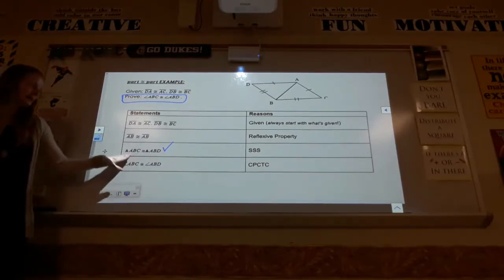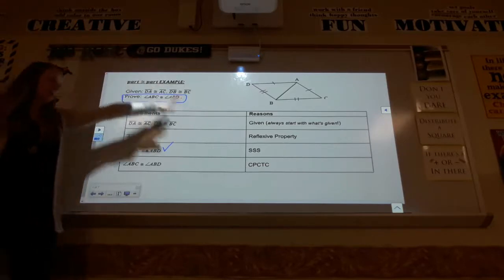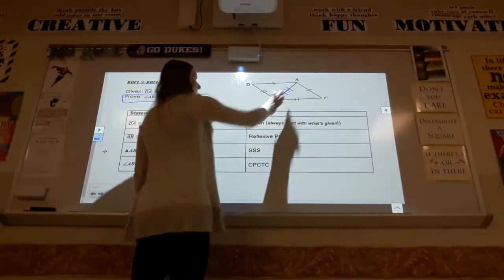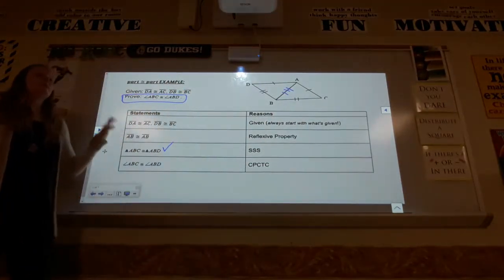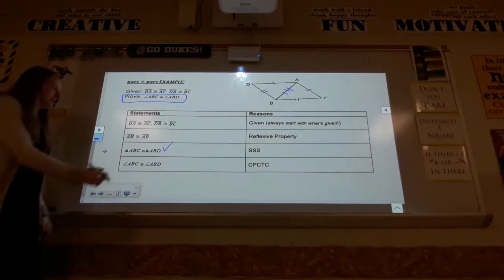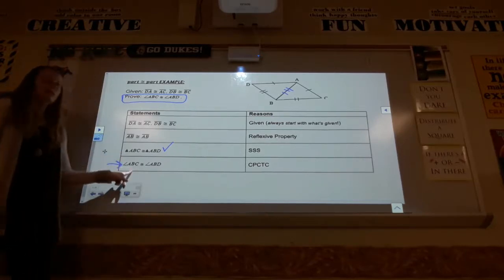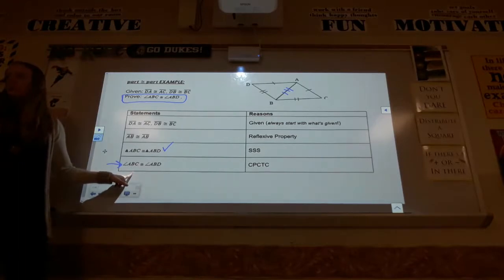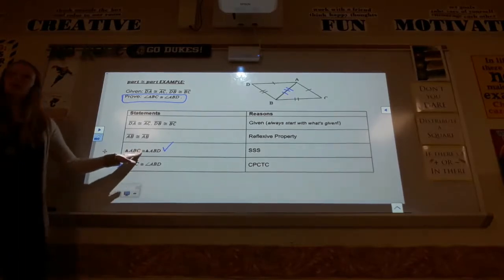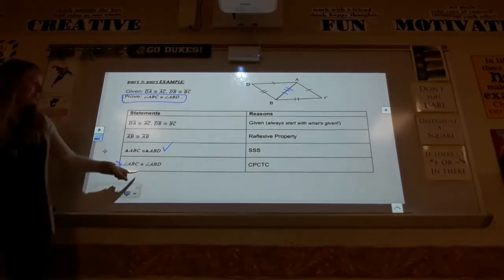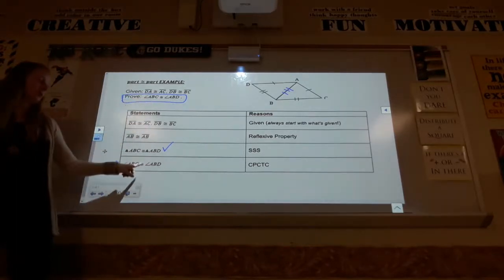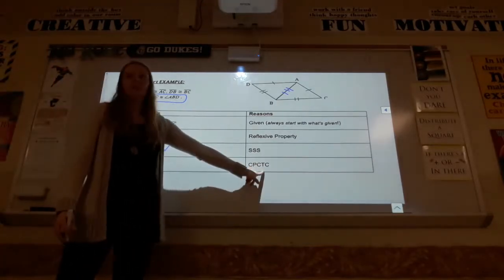So this is the exact same copy as what you just saw. It's the exact same picture. You notice you needed that. You have the reflexive, you know the triangles are congruent. And then for a small picture proof, it's just this one extra little line added on. That's the only difference. Once you have the triangles are congruent, you just slap on the piece specific to the triangles that you're trying to show is congruent, and then your reason is CPCTC.